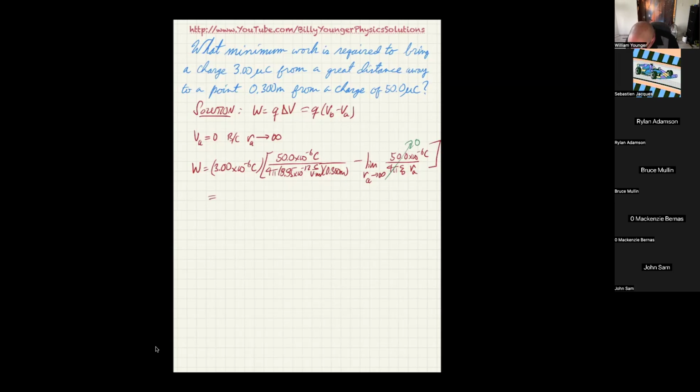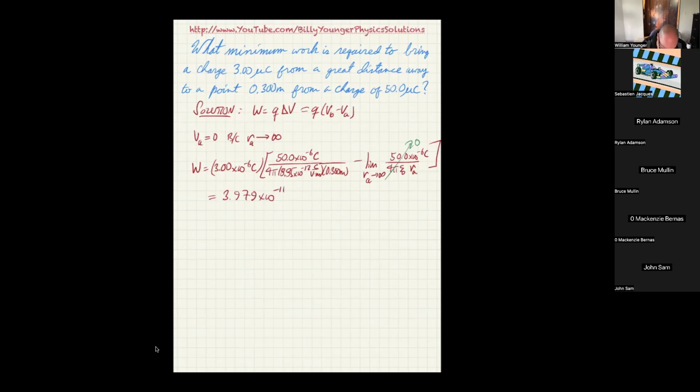3e to the negative 6 times 50e to the negative 6 divided by parentheses 4 times 3.14159 times 0.300 close parentheses, and this gives me 3.979 times 10 to the negative 11th.